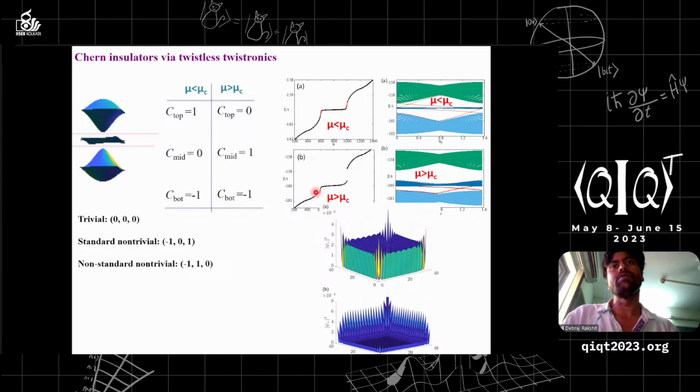You can see the explicit structure of these edge modes, how they look, in a probabilistic description, and you will see that they are at the edge of these 2D structures that we are creating. But for this one, some asymmetry is coming. It is not symmetric like this one, the edge modes that are coming.